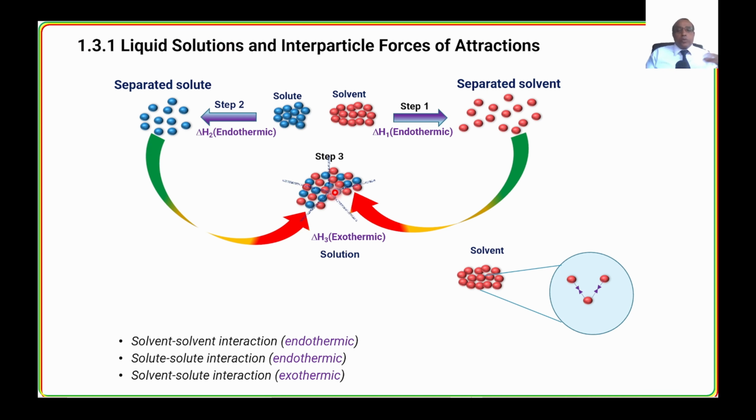Exothermic processes release energy, endothermic processes absorb energy. There are 3 basic types of interaction in the dissolution process: solvent-solvent interaction, solid-solid interaction, and solvent-solute interaction. The first two processes are endothermic. The third process is exothermic.